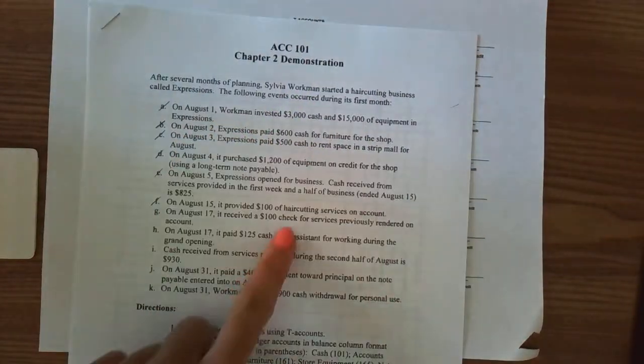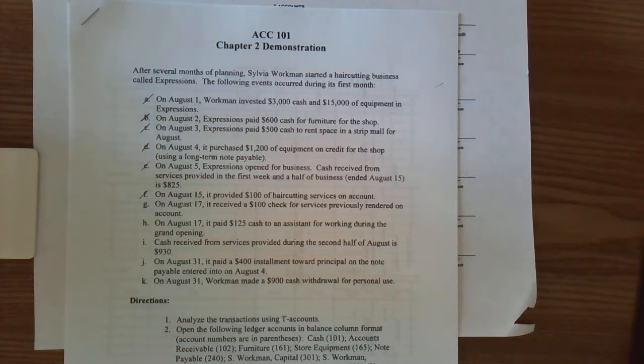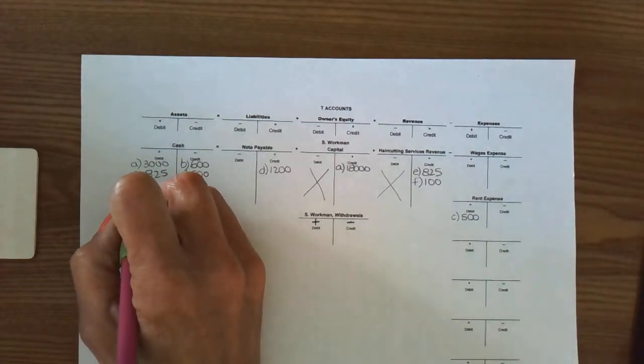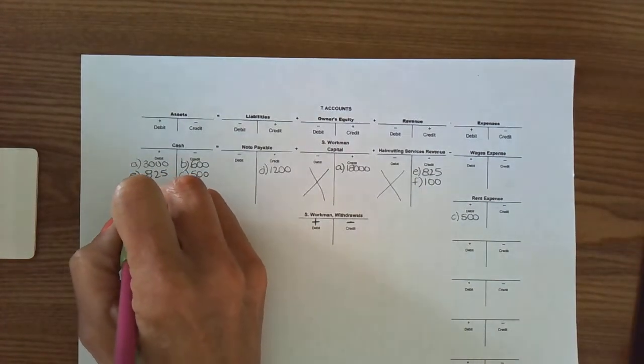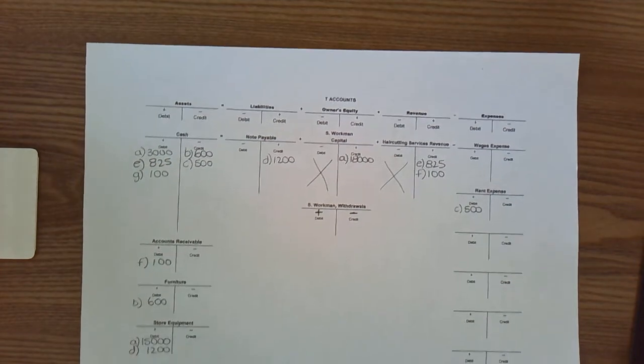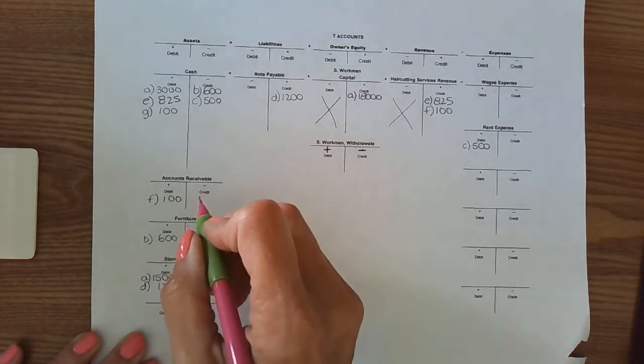All right, now in letter G, that customer is going to pay us. So they're going to give us a $100 check for the services that we did on August 15th. So we're going to receive money. So let's put that up here in our cash. So we're going to add to cash 100. And then the other half is we're going to subtract from accounts receivable because the customer is paying us money.